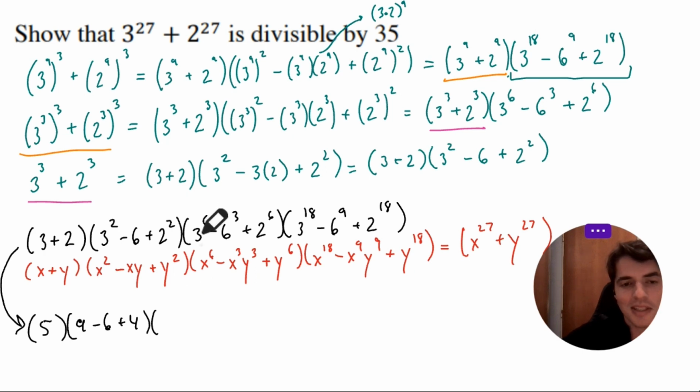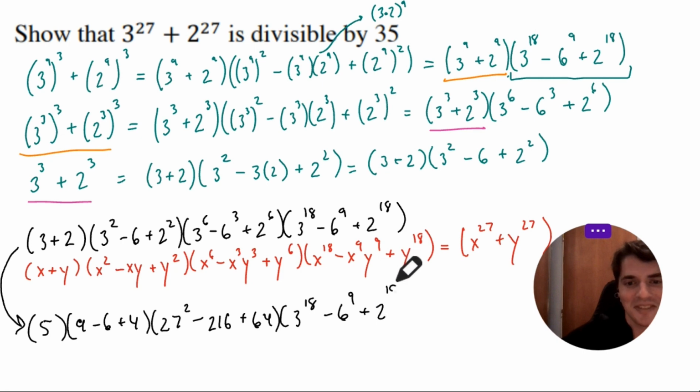I do know that would be 27 squared. If we need it, we'll do it. 6 to the 3rd, 216. 2 to the 6th is 64. And then I do not know these. Definitely not. Nor should you. I don't think anyone does.